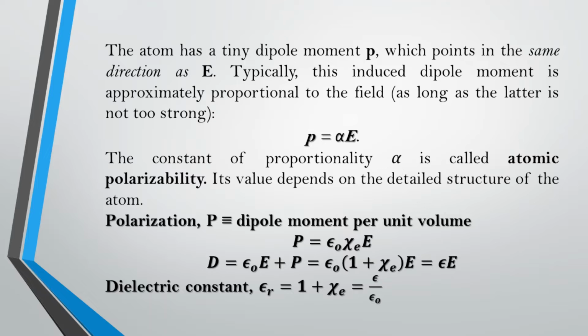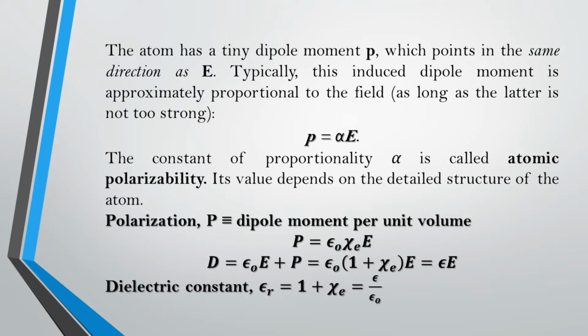Now what is polarization? Polarization is defined as dipole moment per unit volume. In the magnetic properties, we have already read that magnetization is a magnetic dipole moment per unit volume.